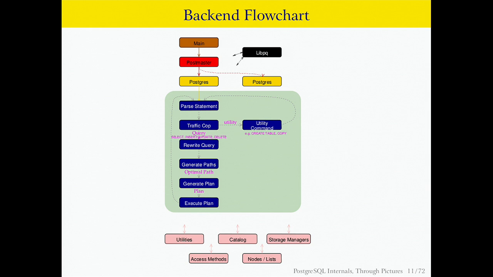Other questions? Yes? A process is created per connection. You can use connection pooling, and therefore you're not incurring that overhead all the time, particularly on Windows. If you're creating a lot of really short-running processes, connection pooling is probably going to help. But even if we had threads, it's not even the creation of the process, it's all the startup we have to do. If we use pooling, we get rid of that.